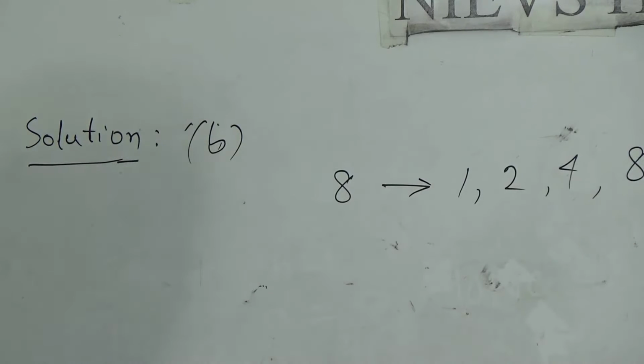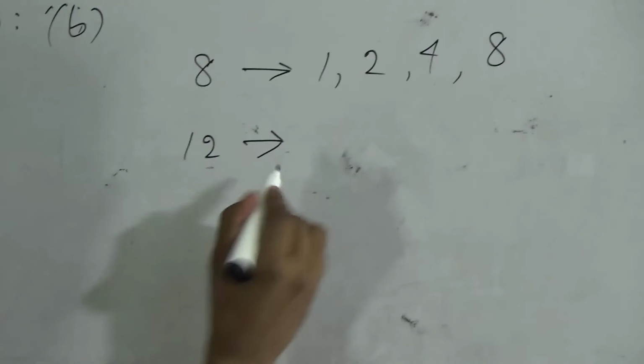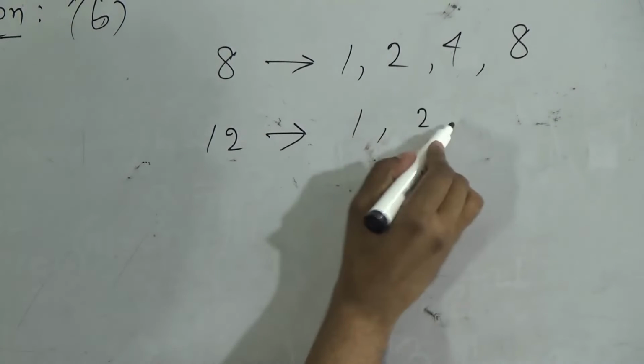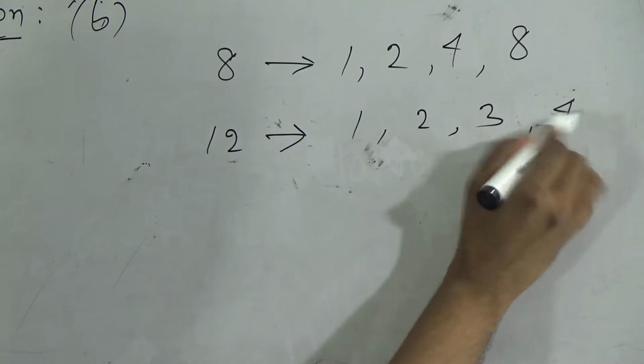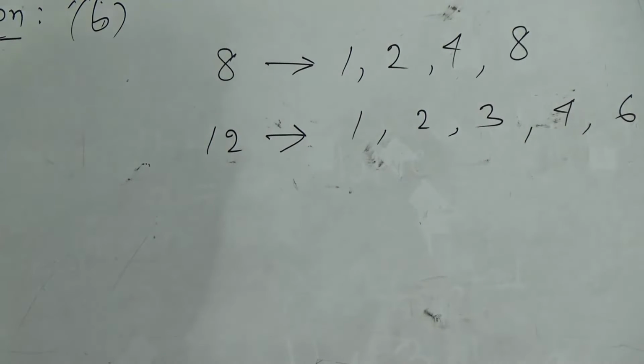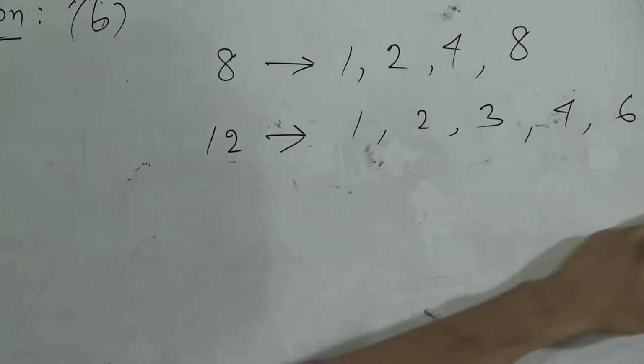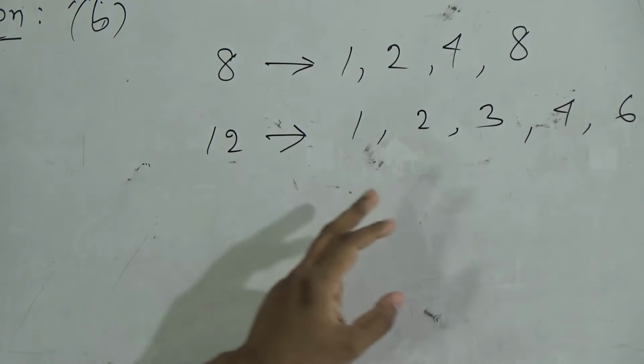And now we'll find out the divisors of 12. In a similar way, we can say that 1, 2, 3, 4, 6 and 12 will be the divisors of 12. If we divide 12 by these numbers, then remainder will be 0.